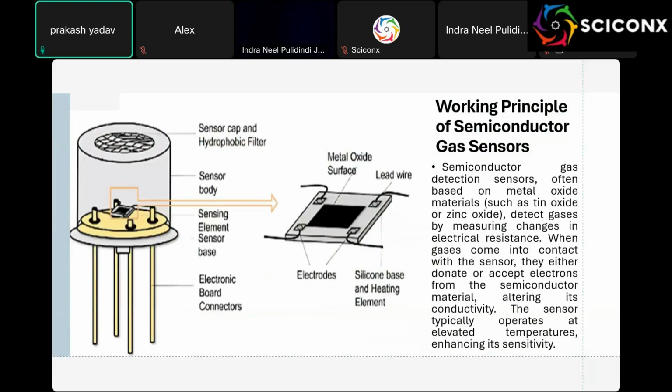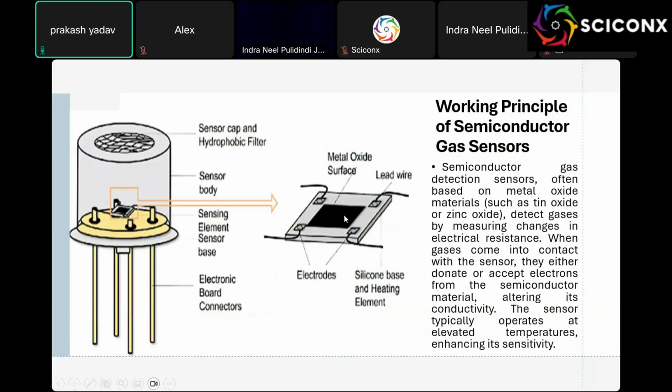And this is again the sensor body, and we have electrodes, and again we have metal on the surface substrate. We have silicon-based and heating metal inside the metal oxide surface, and we have a bias, and we put our samples on this side.